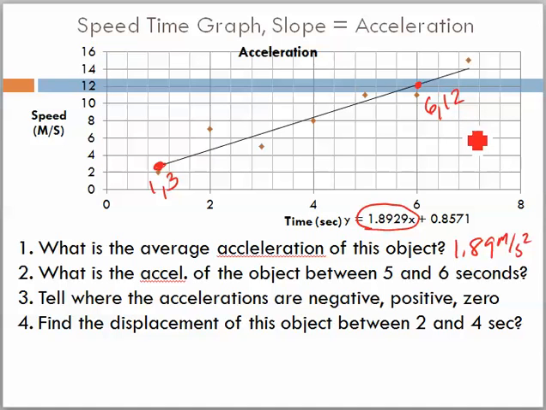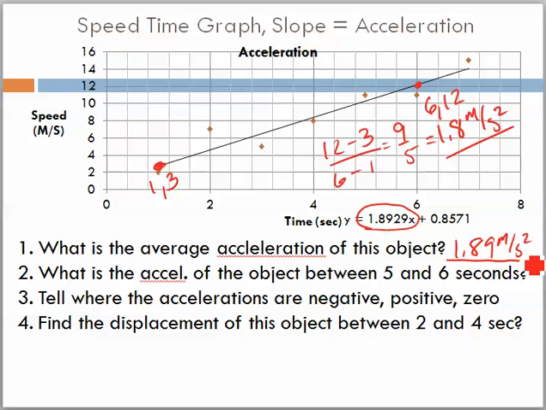So to find the slope, I'm going to take 12 minus 3 and then 6 minus 1, and that gives me 9 over 5, which gives me an answer of 1.8 meters per second squared. So you can see by doing it by hand, roughly, we're going to get approximately the same answer here.